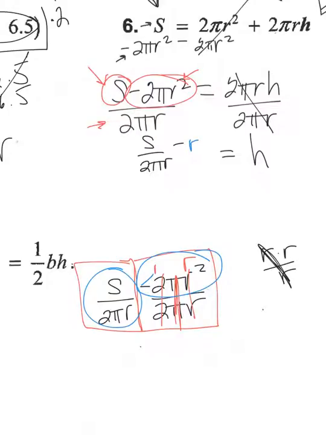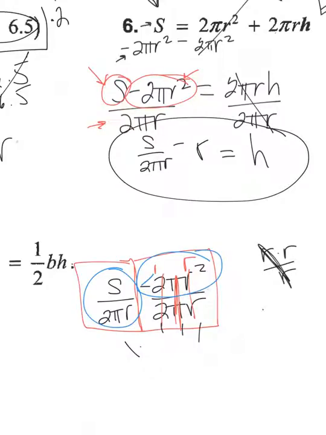I forgot to change it back to black. 1r. And then I have absolutely nothing in the denominator. Everything turned to 1, 1, 1, 1. So I'm going to leave it as minus r. So instead of having it be little like that, we're going to make it a full term. So it's s over 2 pi r minus r equals h. That is that one simplified.